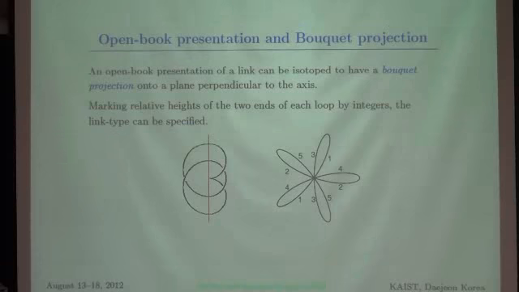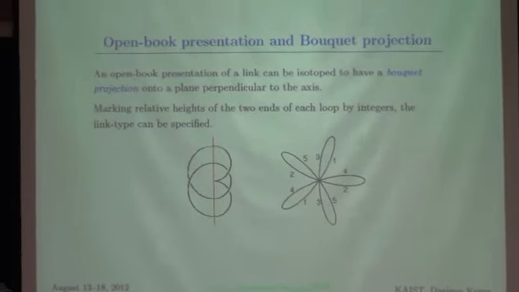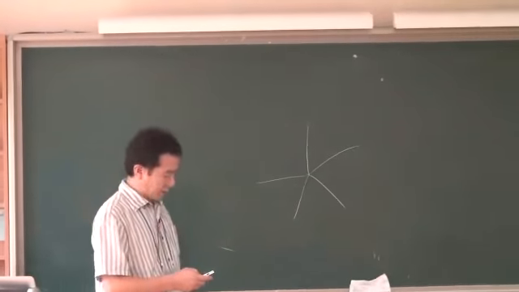And here's another form of arc presentation. An open book presentation of a link can be isotoped to have a bouquet projection onto a plane perpendicular to the axis. If you look at this open book presentation from the top of the z-axis, it will look like this diagram, and people call this a wheel diagram.